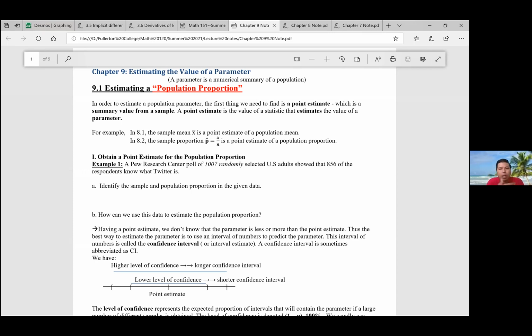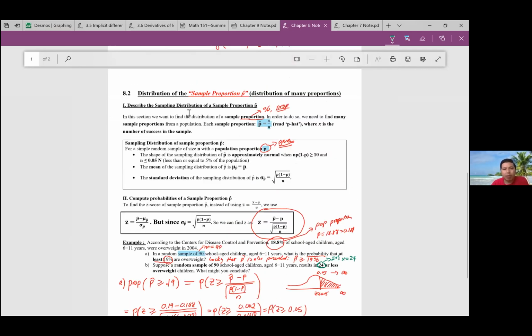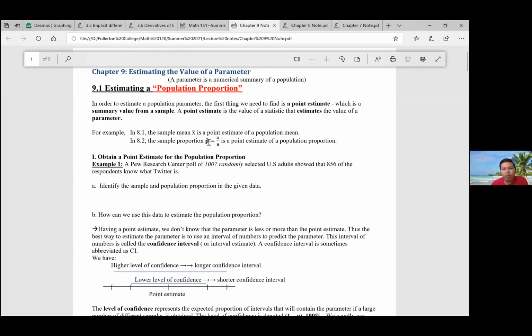So in 8.1 and 8.2, in 8.1 we were talking about the sample mean, and in 8.2 we talked about sample proportions. In chapter 9, we're going to use that result in 9.8.2 and make predictions for the whole population. A few key points here: we need to have a point estimate.